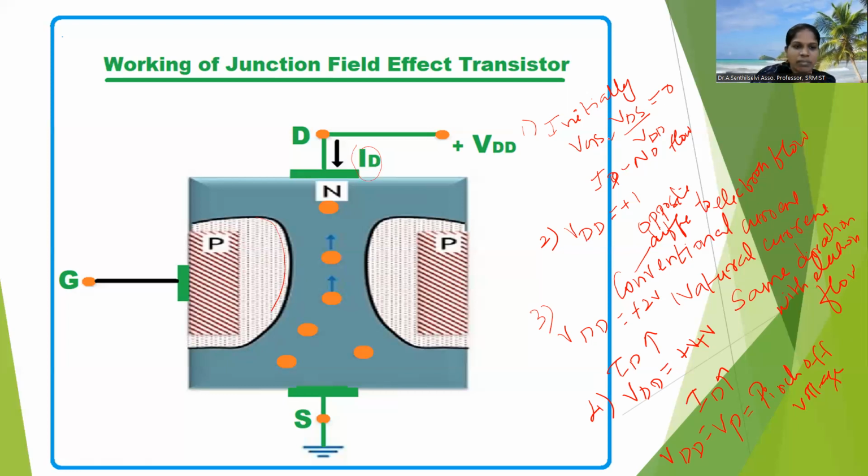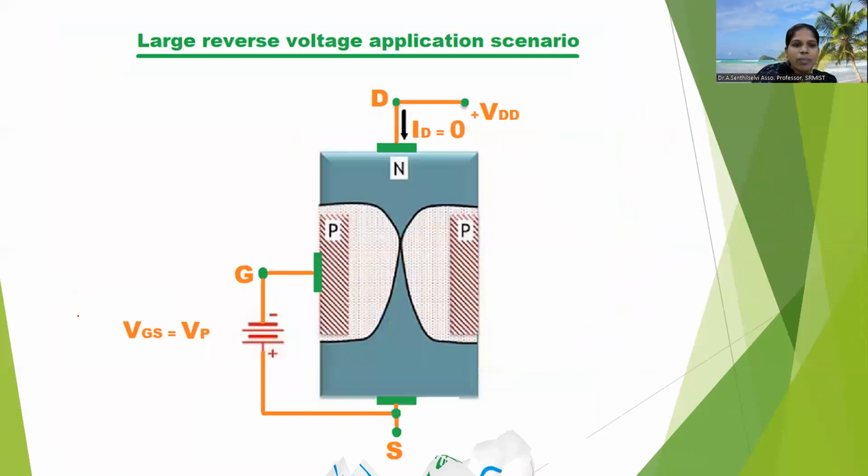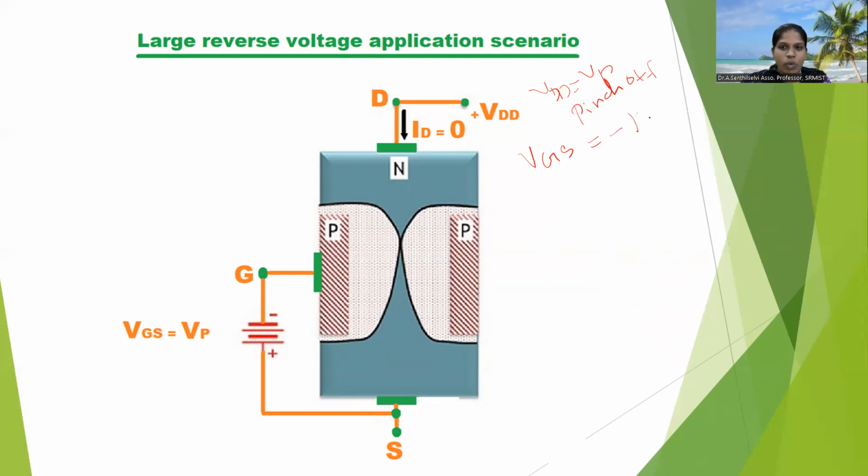Now we are applying some negative voltage, like 1 volt, to the gate terminal. Already VDD has reached the VP value, which is considered the pinch off voltage. After that, there is no increase in the current value. Now VGS, which was initially 0 volt, we put at some negative 1 volt.